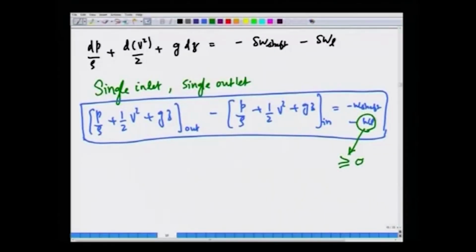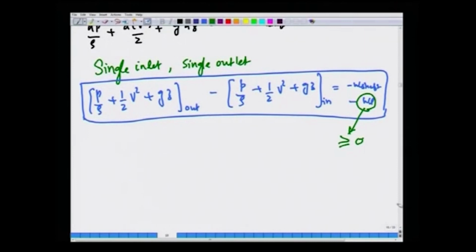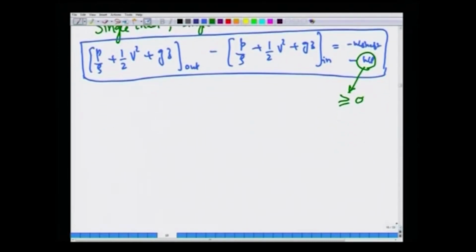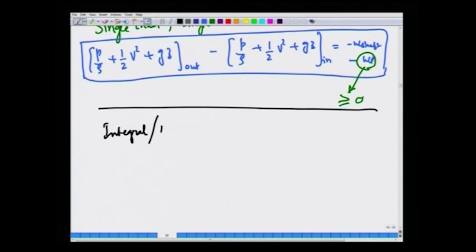Okay. Now, before I go to applications, I want to make some general comments on macroscopic balances. So, we have 3 equations: integral balances, these are also sometimes called macroscopic balances, because they pertain to entire cross sections of equipment.